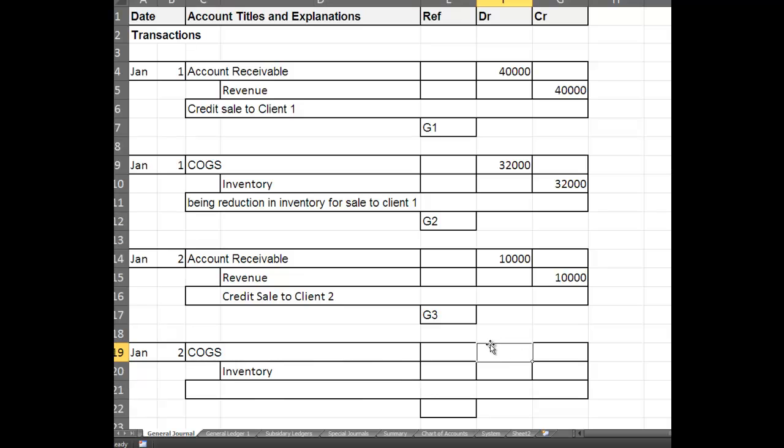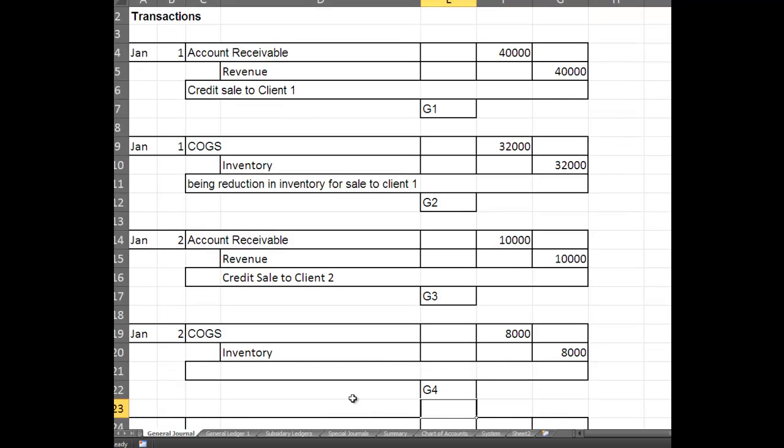So 80% of 10,000 is 8,000. This will be item G4, being the reduction in inventory for sale to client 2.